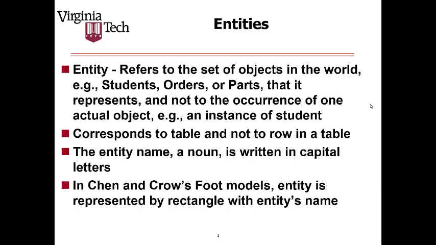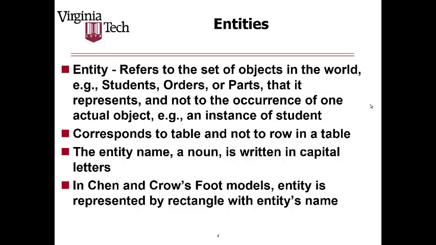Almost always we represent our entity as a noun. And there's all kinds of notations. I don't really want to get hung up on notation. What I want you to know is an entity is a representation of the data from some object in the world.